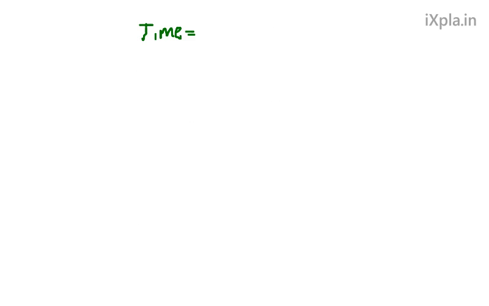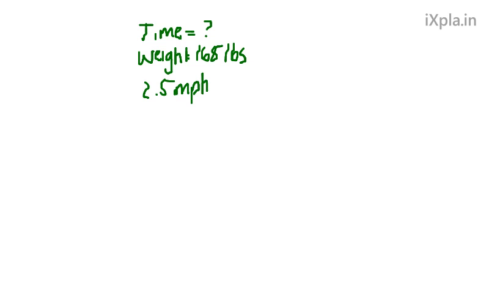So when they're looking for a time, you would use a weight. He weighs 165 pounds, he's walking at 2.5 miles an hour, and he wants to burn 300 calories. He's asking how long he has to work out to burn 300 calories.